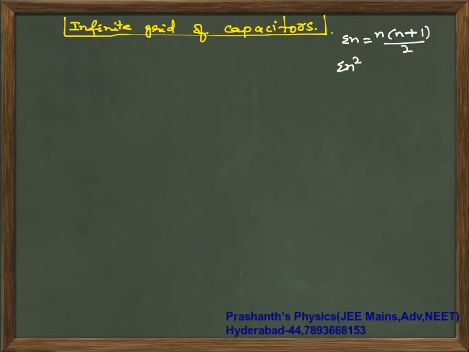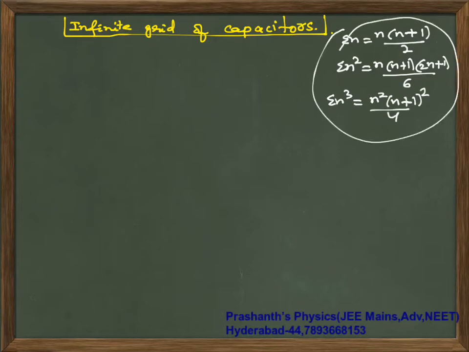The sum of n square terms you can replace with n into n plus 1 into 2n plus 1 by 6. Sigma of n cube is n square into n plus 1 whole square by 4. Like this you can take the sum of terms based on whatever terms you get. Arithmetic progression, geometric progression and all you can do.